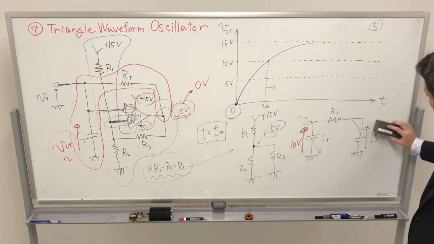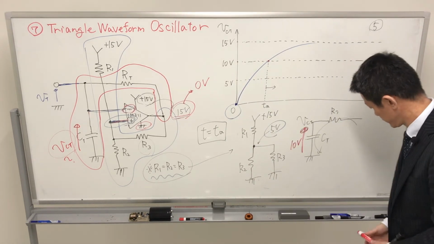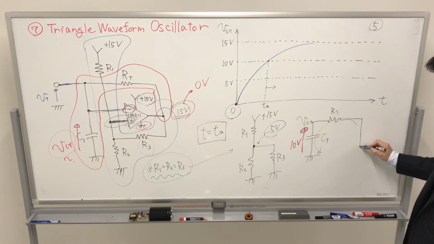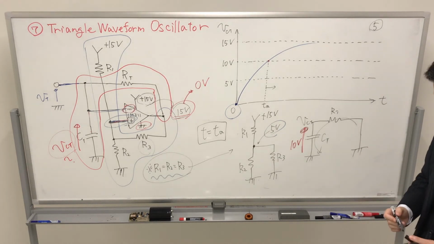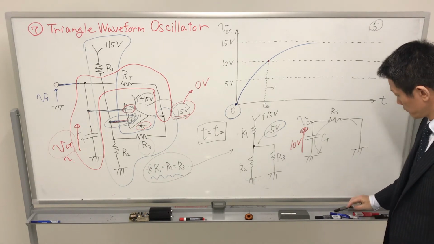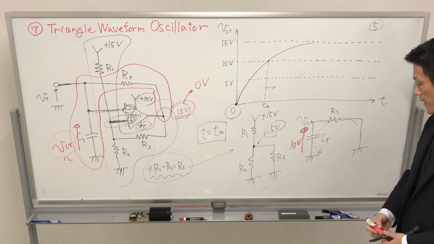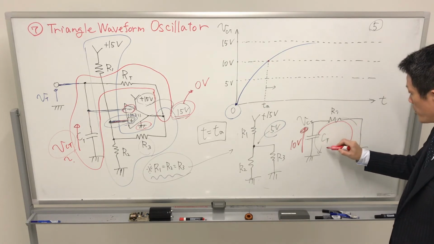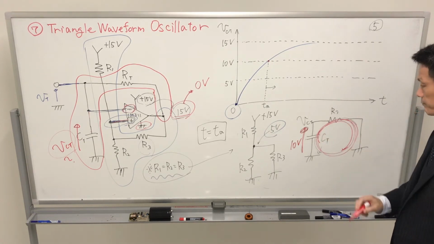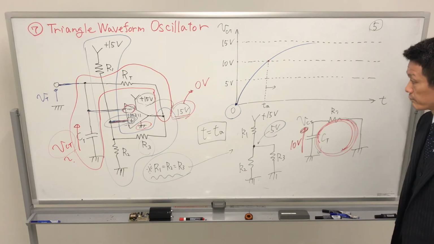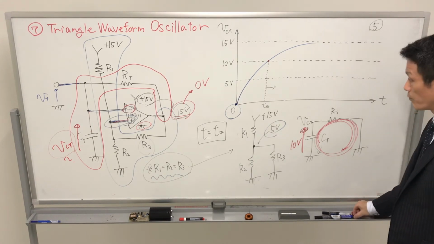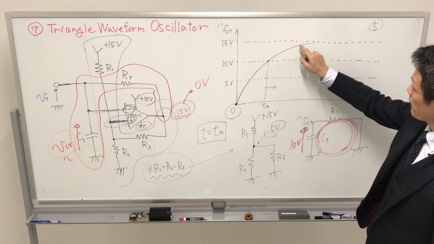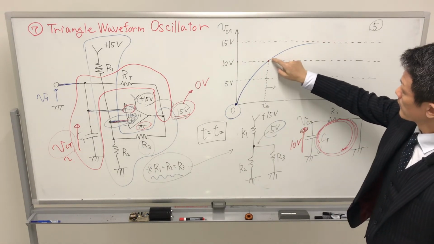So the equivalent circuit is here. So it is charged and discharged, this loop, discharged. Okay? So it does not increase to the 15 voltage.